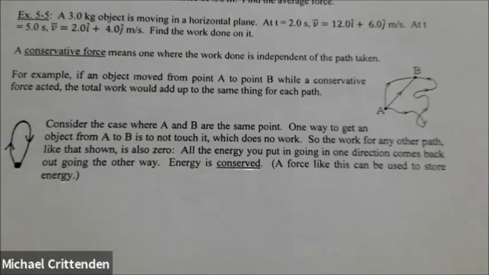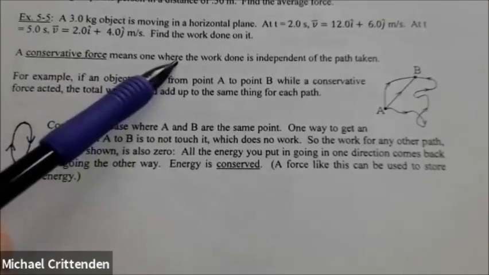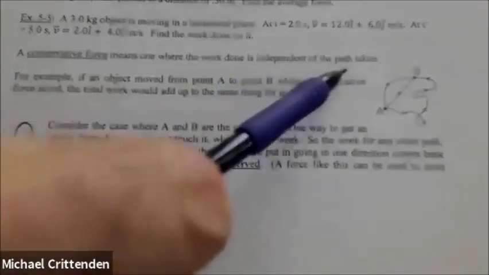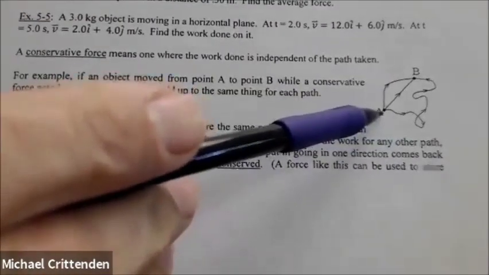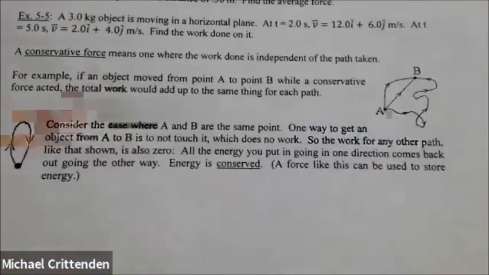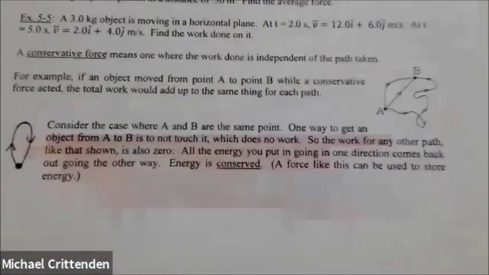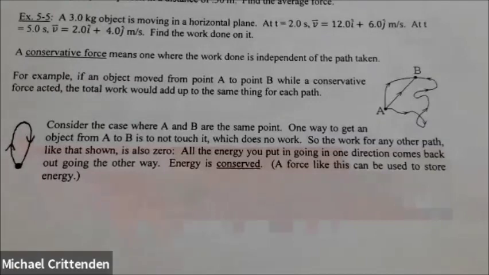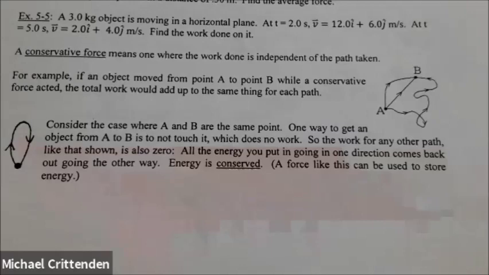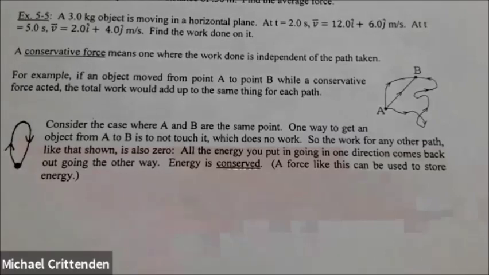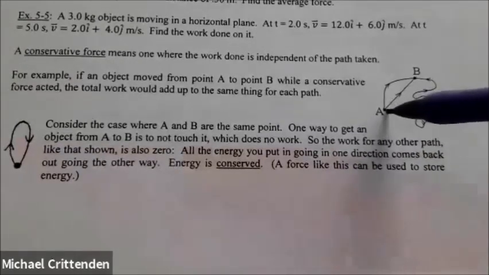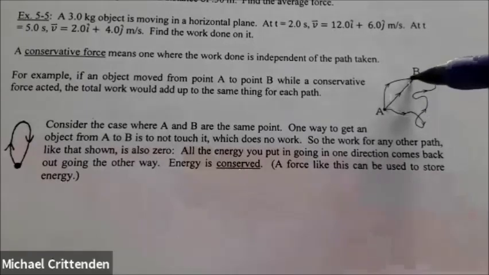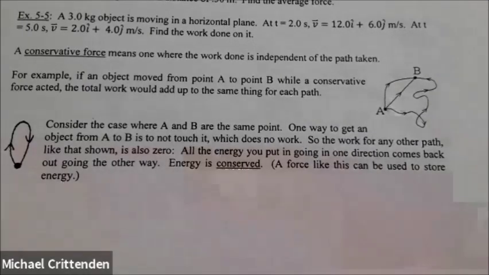The formal way of defining it is that a conservative force is one where the work done is independent of the path taken. So let's say you're going to move an object from point A to point B over here. This could be a box you're dragging across the floor, or it could be something that sits on a shelf here, and you pick it up and you lift it and put it on a different shelf up here where it's higher.